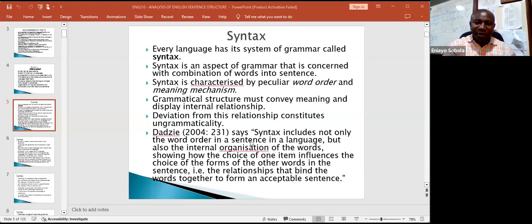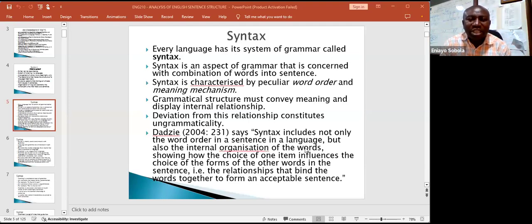Look at that phrase: internal organization of the words. That is, the words have internal arrangements. They have internal organization in construction of the sentence.